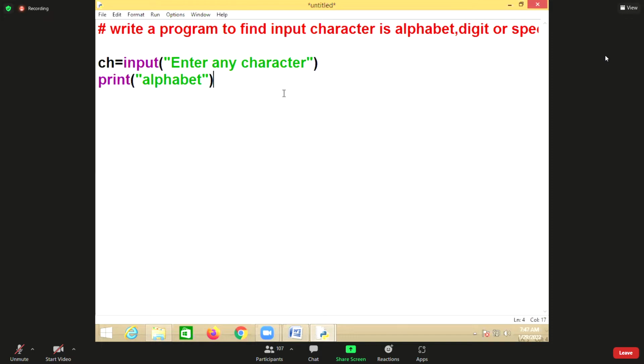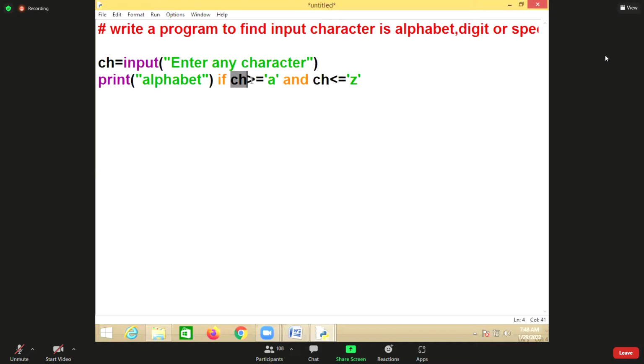When can I say it is an alphabet? If character is greater than or equal to small a and character is less than or equal to what? Small z. So in Python, you can use the relational operators for comparing characters.